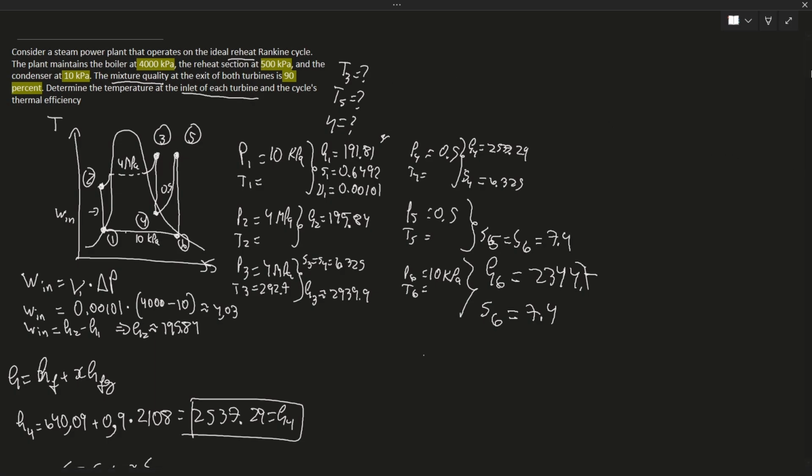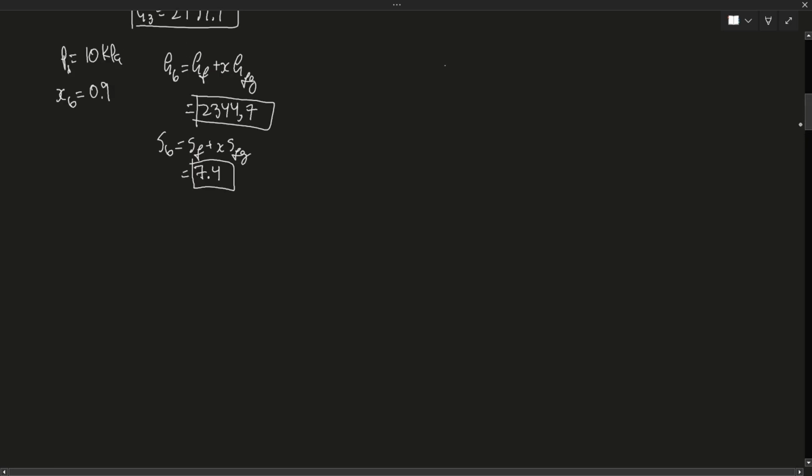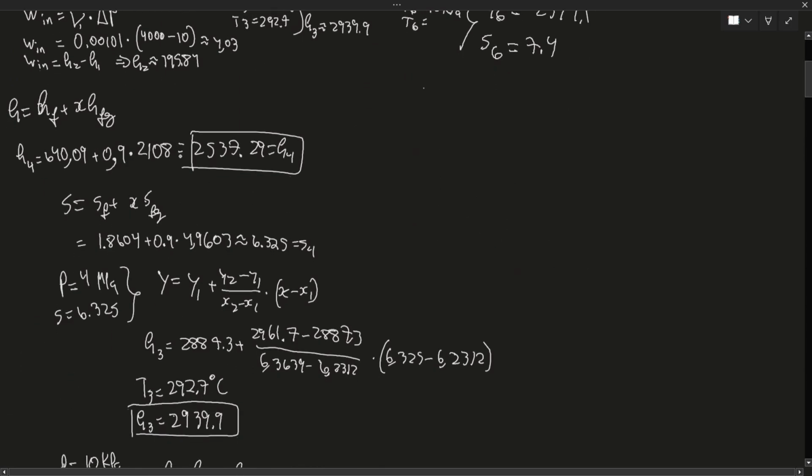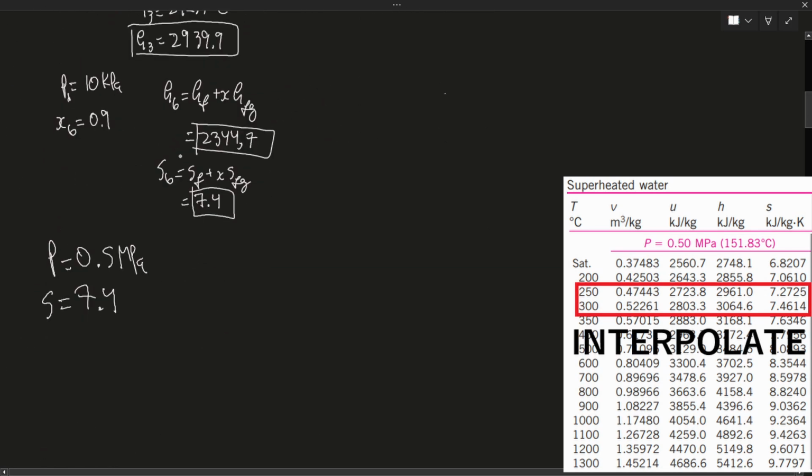Finally, for point 5, you do the exact same thing. You interpolate again. You have a pressure of about 0.5 megapascals and an S of 7.4. Since it's outside the curved lines, it means it's superheated. So you go to the superheated tables and you interpolate. Y equals Y1 plus (Y2 minus Y1) times (X minus X1).